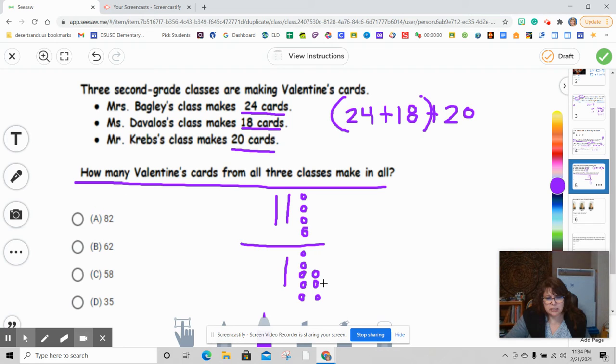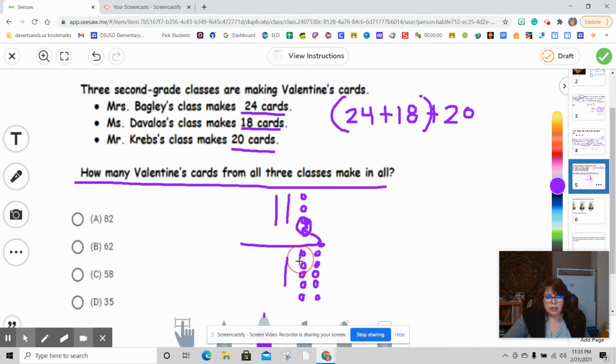And I'm going to ask my $1 million question, which is, can I make a 10? Well, I see that on the 18, I have 8 ones, so I need 2 more, and I can grab them from the top. I'm going to grab 2 from here, move them to make a 10.